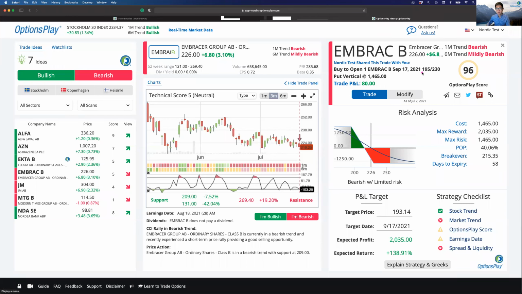I had bought the 230-195 September 17th debit spread. It's currently trading at 1,465 crowns, and I've made 80 crowns on this particular trade. So this is how you can utilize the OptionsPlay tool to find a trade that you want to place, save it for paper trading, and then come back to it later and see if the strategy is profitable.